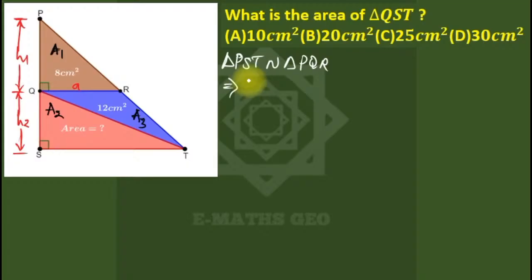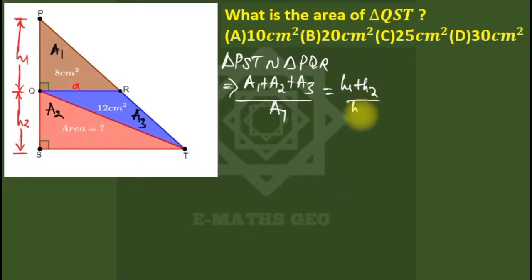So we have A1 plus A2 plus A3 over A1, the ratio of the big one to the small one, is the same as the ratio of the squares of their corresponding sides, and the corresponding sides are the heights. So for the big one it is H1 plus H2, over A1, all squared. Sorry, forgot the squared. So that's it.